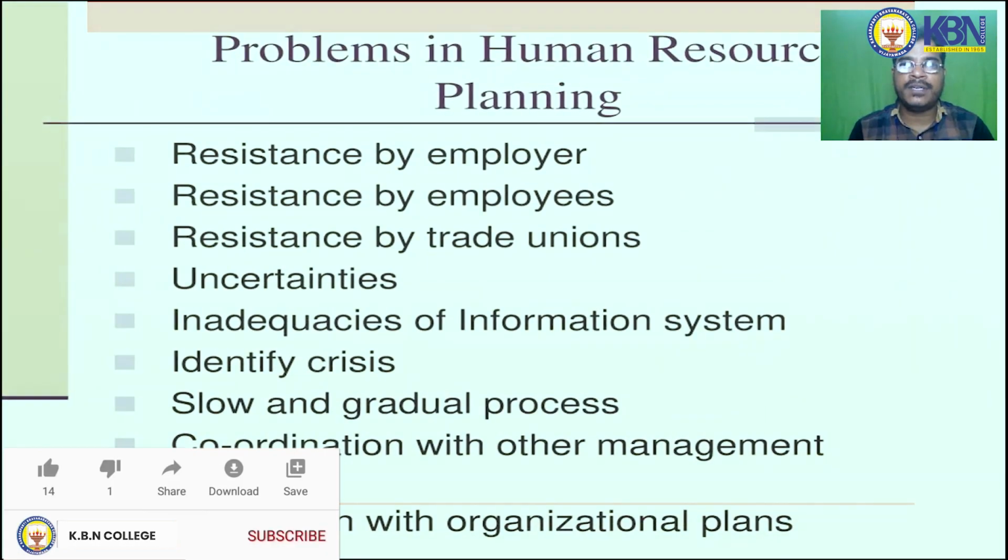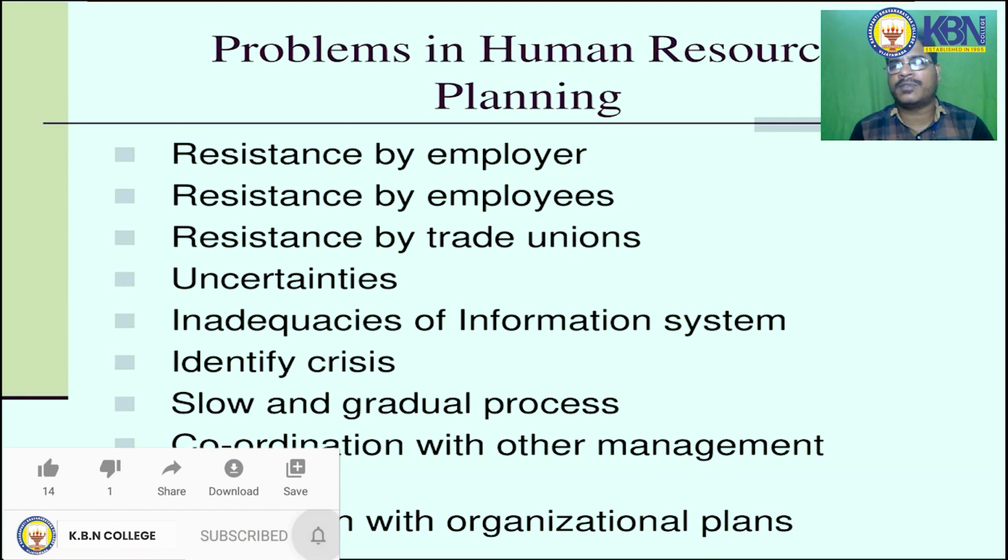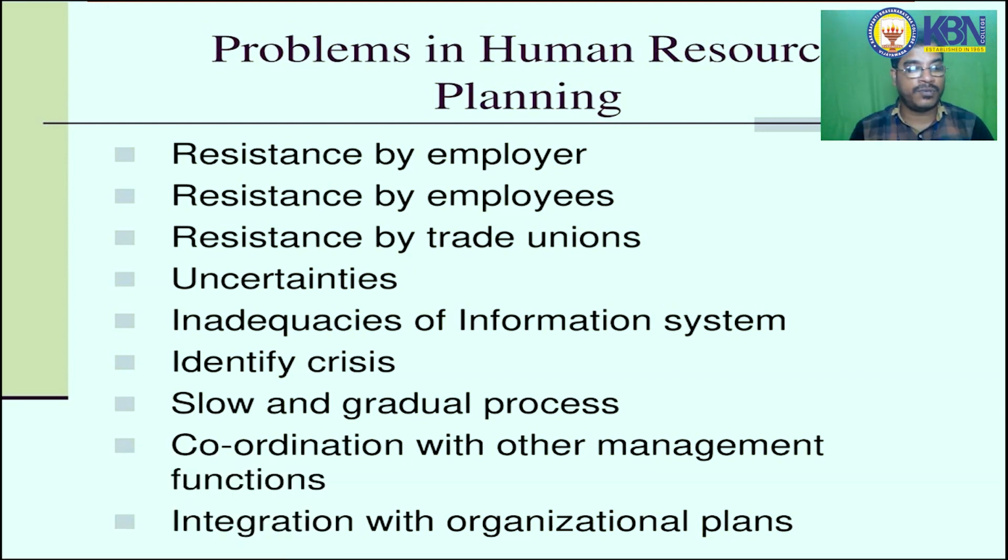And next one, that is what are the problems which are very commonly observed in the human resource planning concept, particularly in the case of human resources. So here, see, if the employer is resistant, if the employer is not ready to change themselves, at that point of time it is going to be the biggest problem.